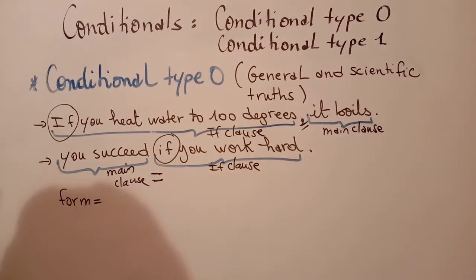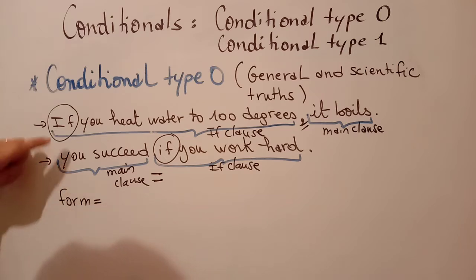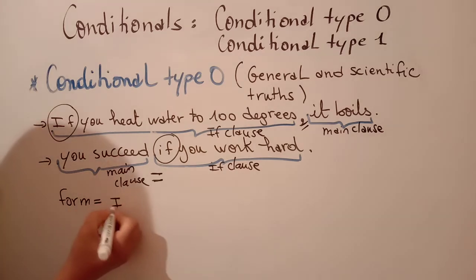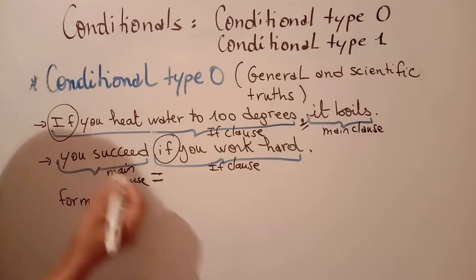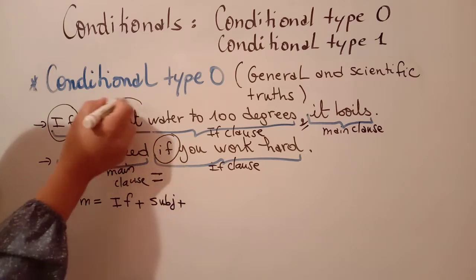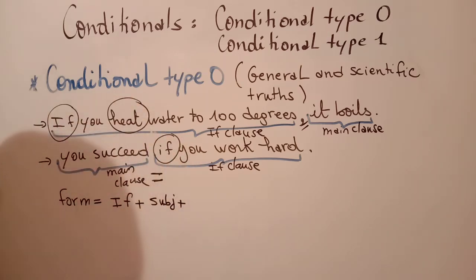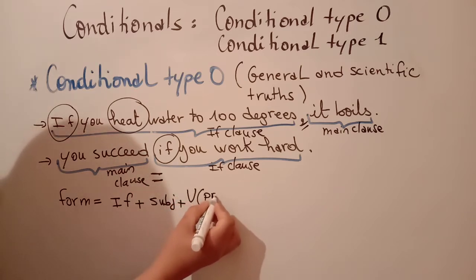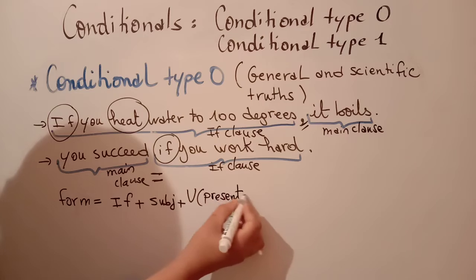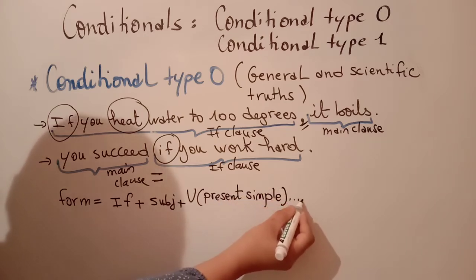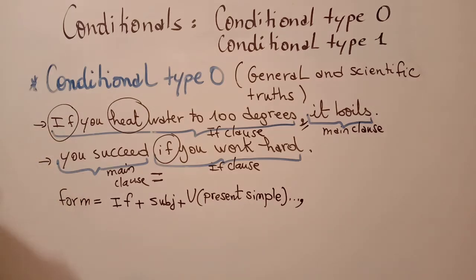Okay? So now, the form of conditional type 0 is the following. We start with if plus subject plus the verb. The verb in which tense? The verb is present simple. So this is the if clause.